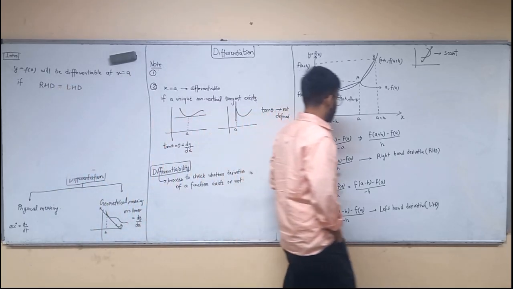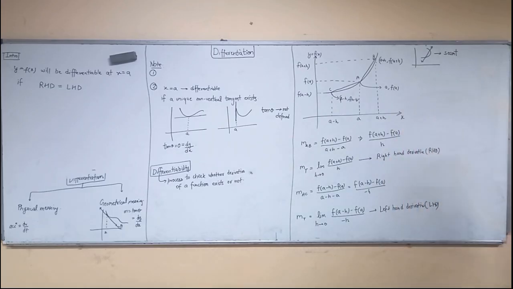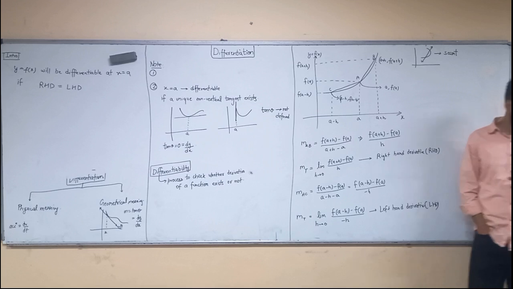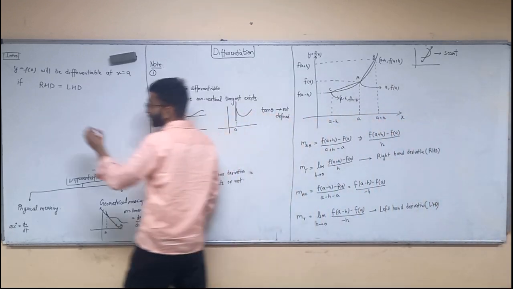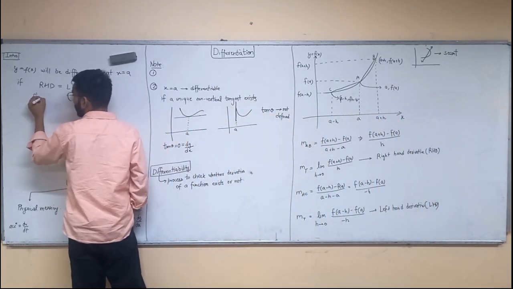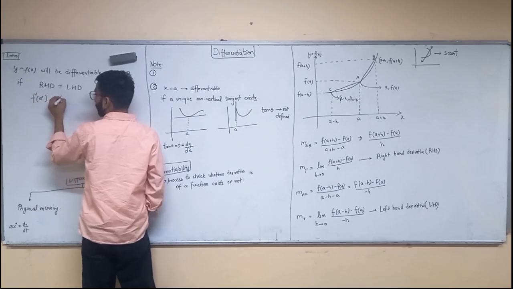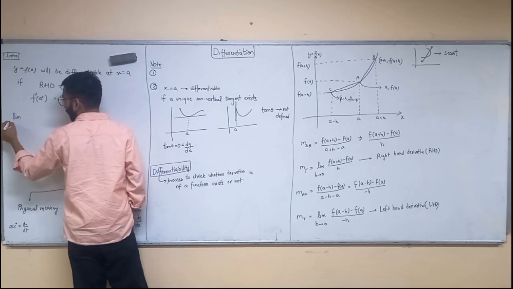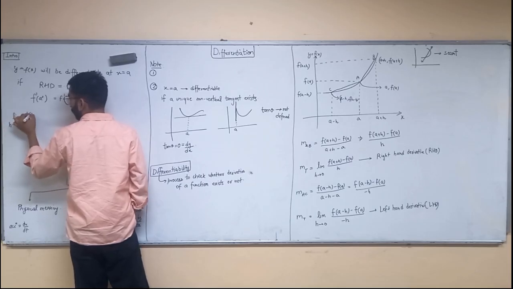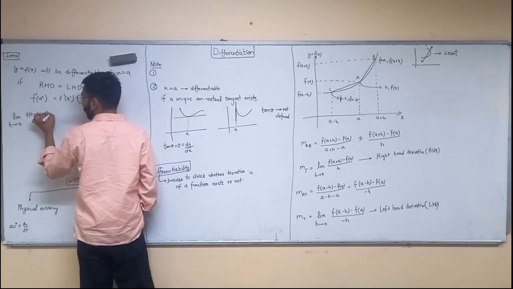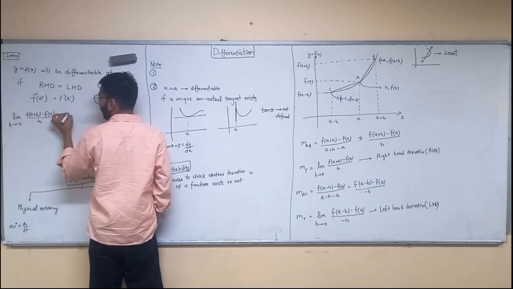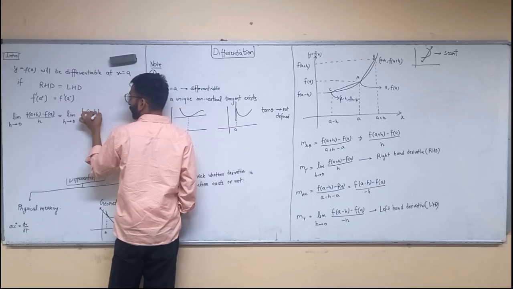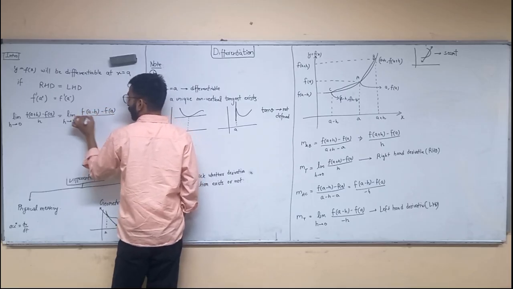If these two derivatives become equal, only then I can say the function is differentiable. This can be written as f dash a plus, this is f dash a minus, and this is equal to limit h tends to 0, f of a plus h minus f of a upon h, and this is equal to limit h tends to 0, f of a minus h minus f of a upon minus h.